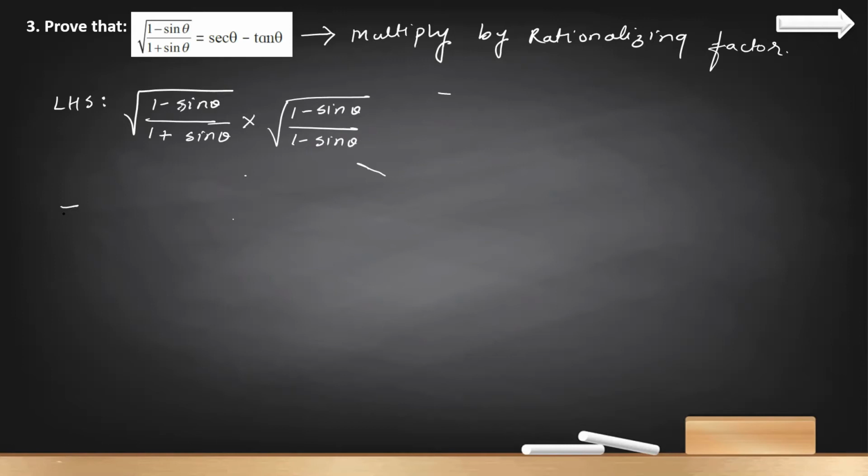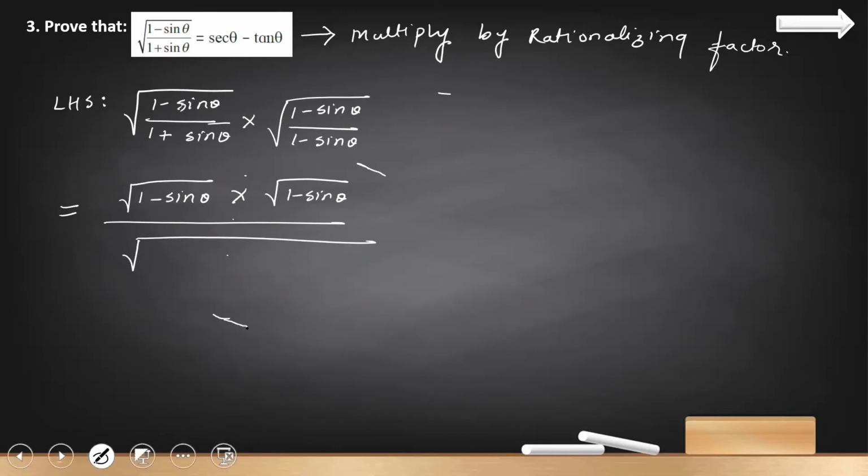Okay, so this is equal to, if you see the numerator, (1 minus sine theta) into root of (1 minus sine theta), upon, this will be the whole root of (1 plus sine theta) into (1 minus sine theta).